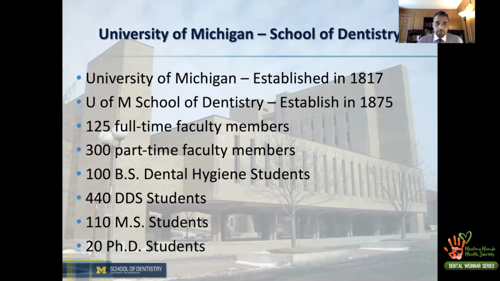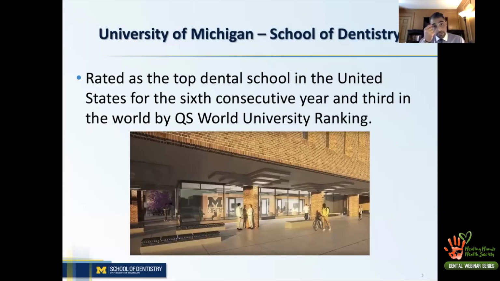We have about 110 Masters of Science students in different residency programs, in different specialties, from prosthodontics, periodontics, restorative dentistry, endodontics, orthodontics, and pediatric dentistry. And we have 20 PhD students also. So it's a big school. There's a lot going on at the school.